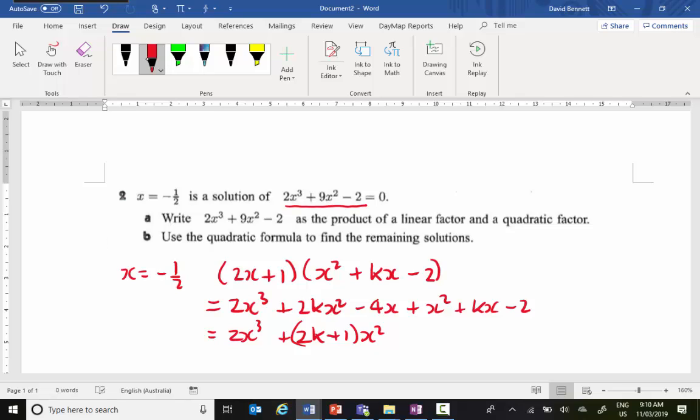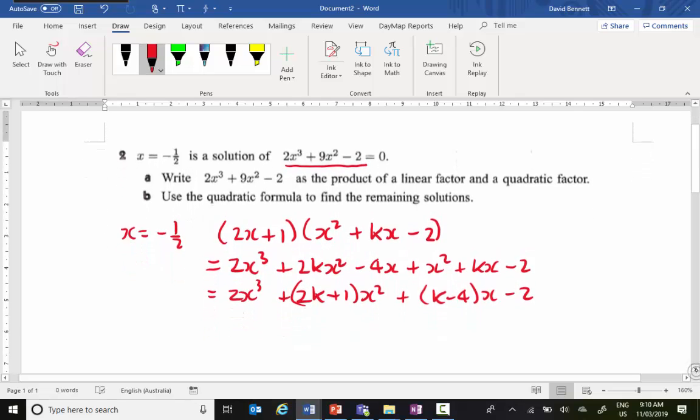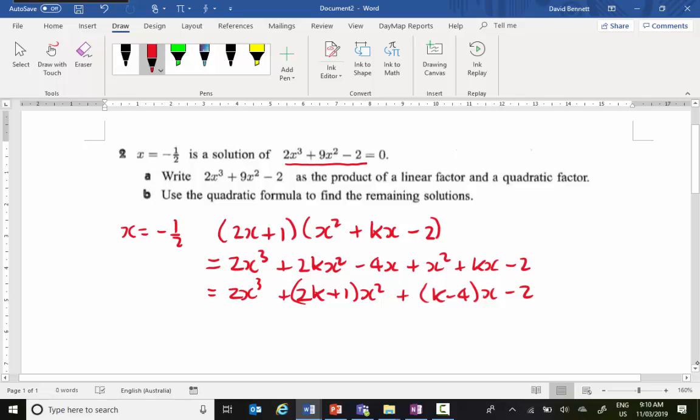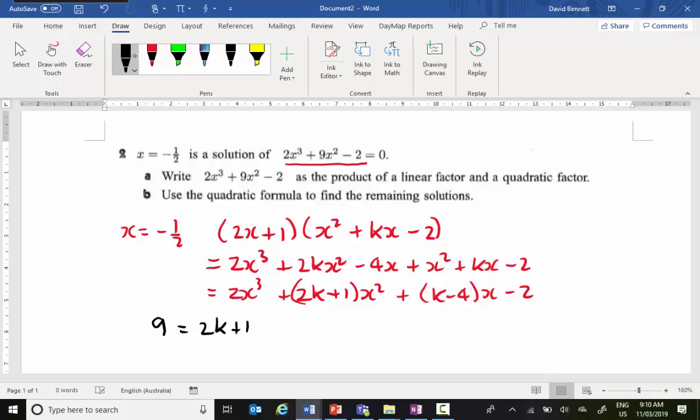Equate my x terms together. That's going to be, you can write it however you like, but it's easy to write as k take 4x and then take 2. Now with equating these things, we know that 9 has to be equal to 2k plus 1.